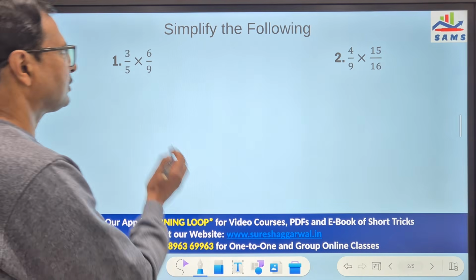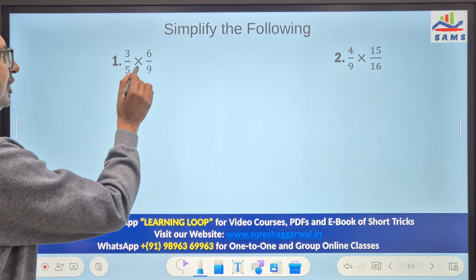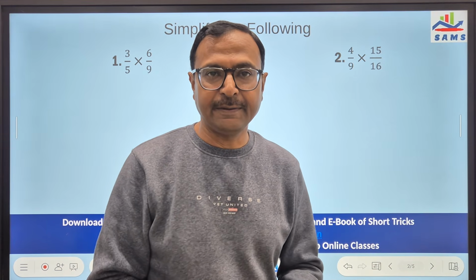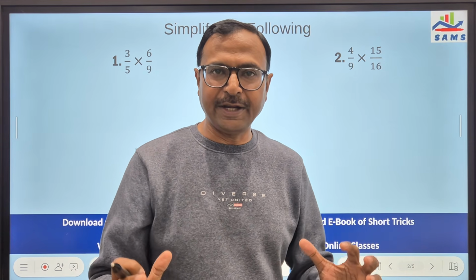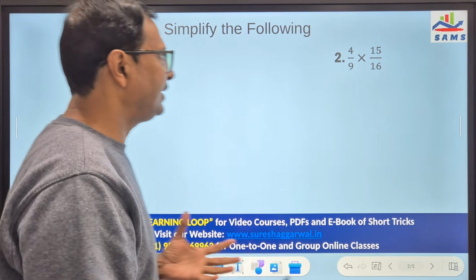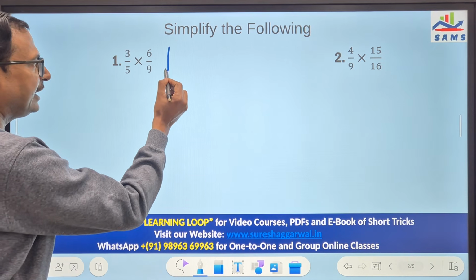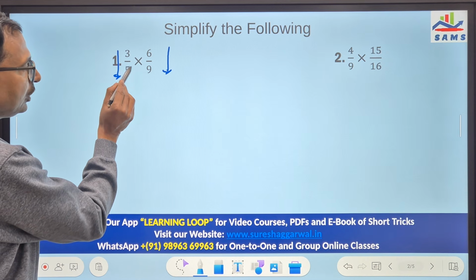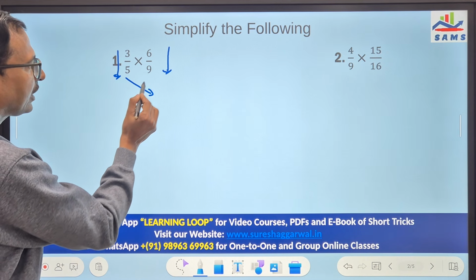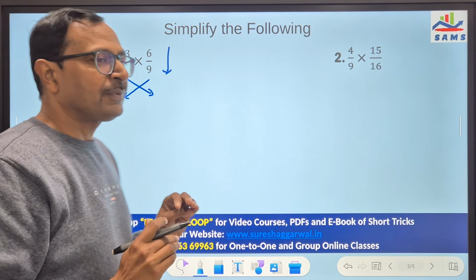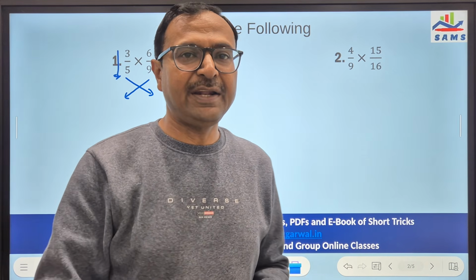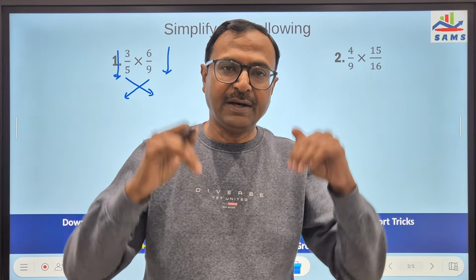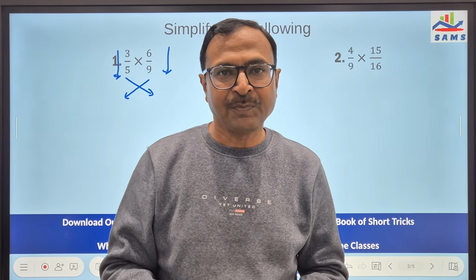The first question which I am going to take up is 3 by 5 into 6 by 9. So when we look for a common factor between the numerator and denominator, we can either look for them vertically like this or like this here, or we can do diagonally also. So you can cancel the common factors between diagonally opposite numbers or vertically opposite numbers, right?